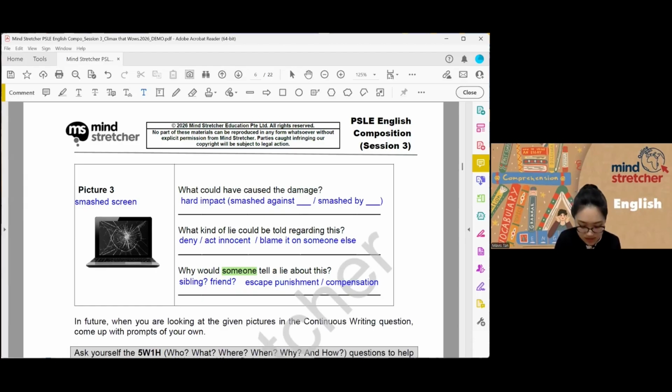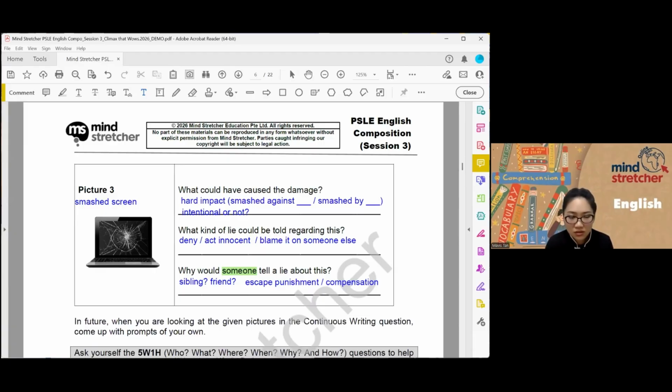Another thing I want to consider is this: intentional or not. Because in the chat, I see some of you say you're angry with your sibling, so you decided to get back at him or her. Or you decided to get back at a friend by destroying his or her prized laptop. It's possible. So is it an intentional act or not?